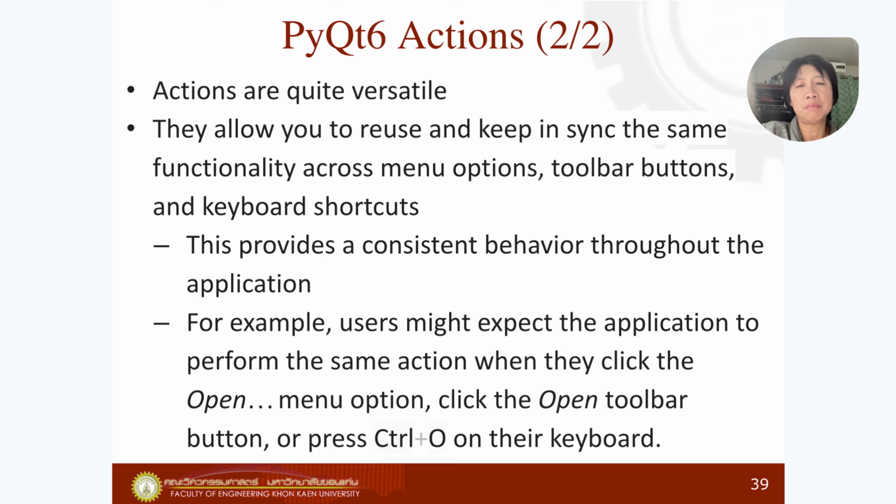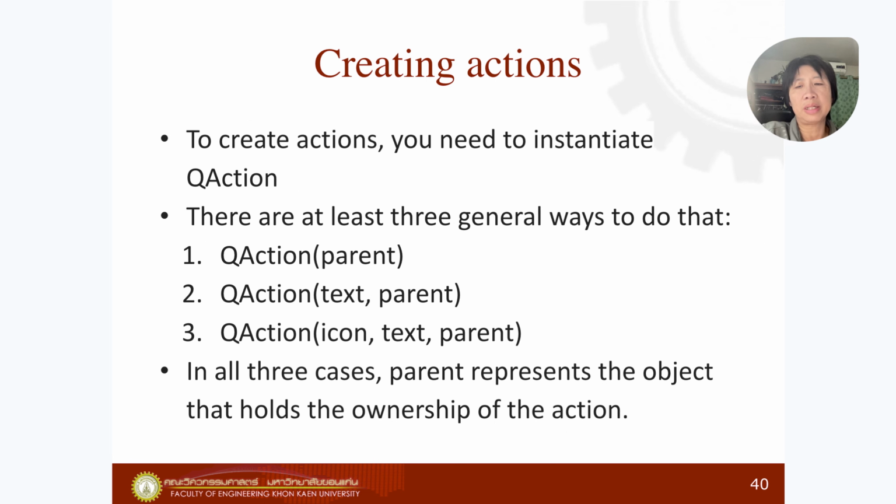For example, a user might expect the application to perform the same action when they click the open menu option, when they click the open toolbar button, or when they press Ctrl O on their keyboard. So to create actions, you need to instantiate QAction, and there are at least three general ways to do that. The first one is QAction with parent, and usually parent here refers to the object that holds the ownership of the action.